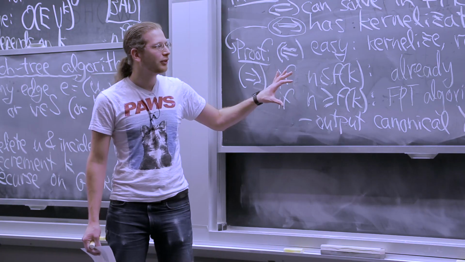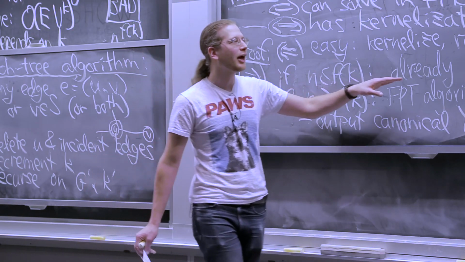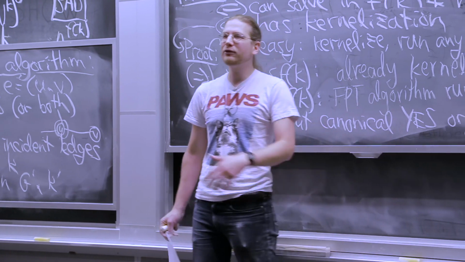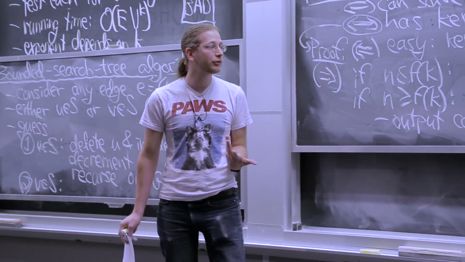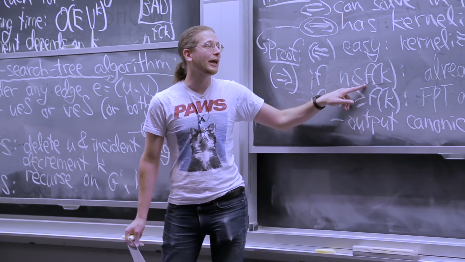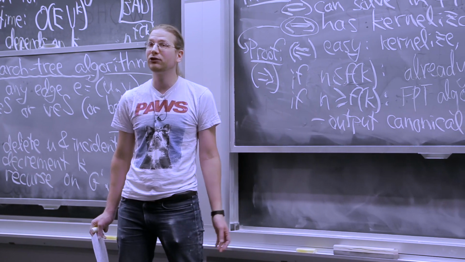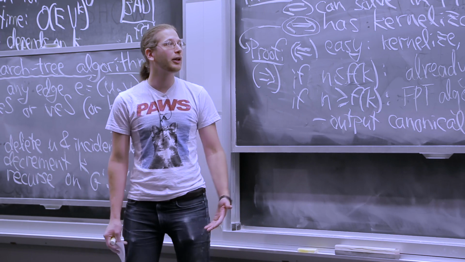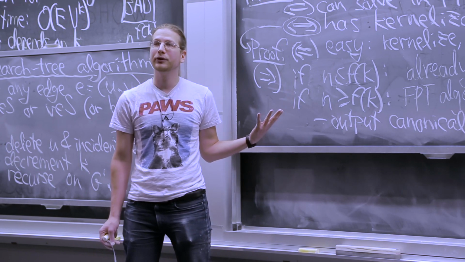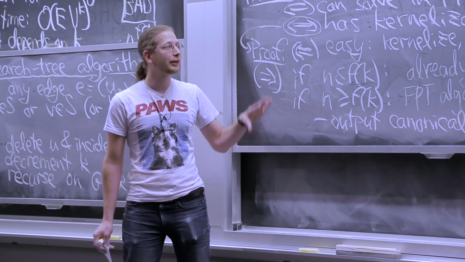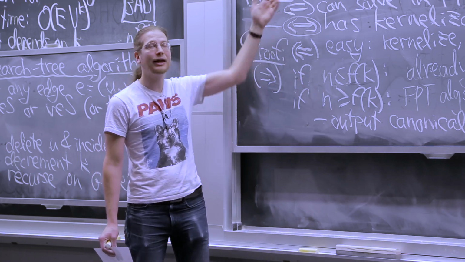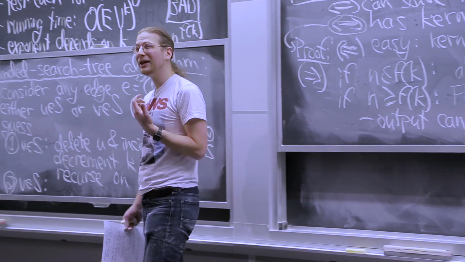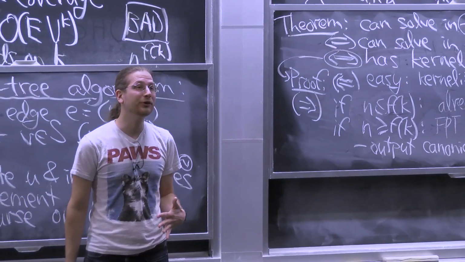The catch is that the size of the kernel, the size of the output, in general here is going to be exponential in k, because f of k presumably is exponential in k. That's annoying. This is what you might call an exponential size kernel. So an interesting question, and exponential size kernels are equivalent to FPT. Something that may not be equivalent is a polynomial size kernel.